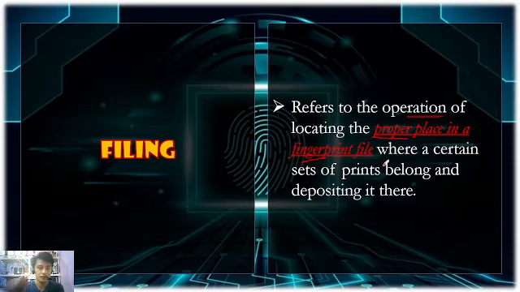Okay, we are going to place the taken, or the recorded fingerprints in the index card. Okay, we are going to find a place in order to put them, or store them, in the proper file, okay, wherein we are going to store them.